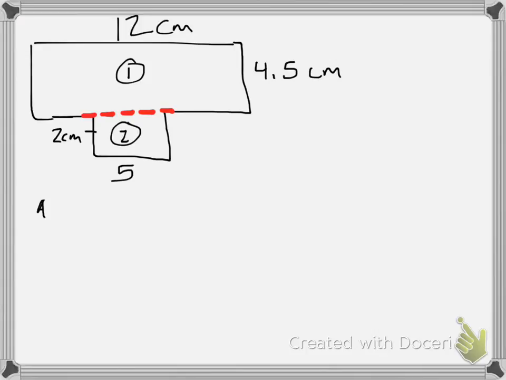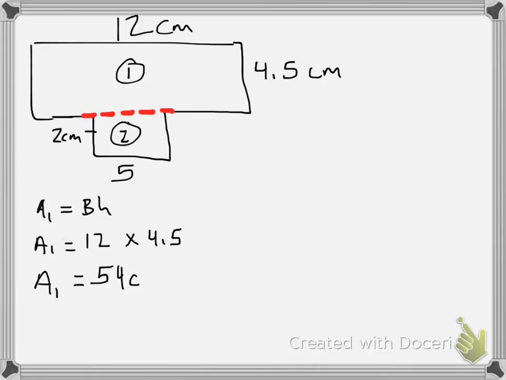So the area of shape number one is going to be equal to base times height, because it's a rectangle. So that's going to be equal to 12 times 4.5. So the area of the first one is going to be equal to 54 centimeters squared. Well, how about the second one?